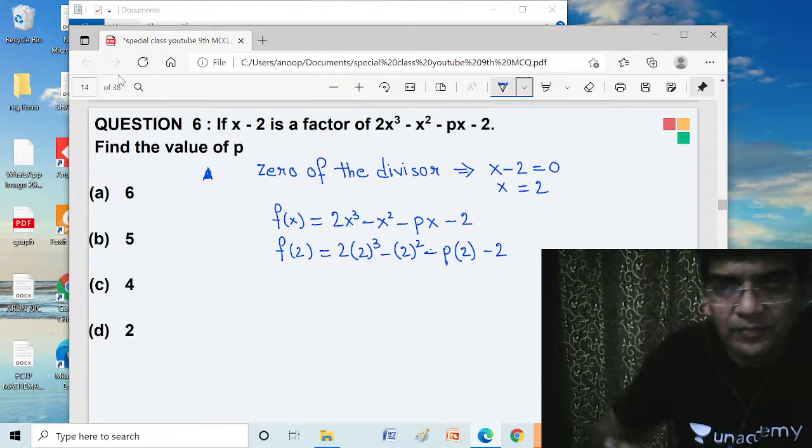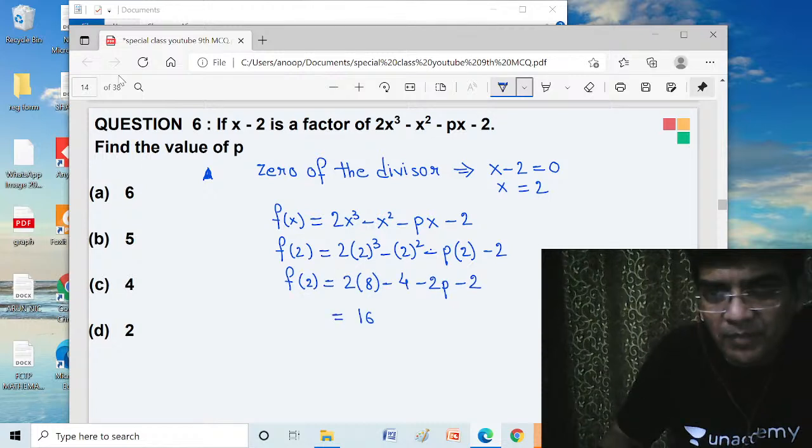This will become 2 into 8, this will become 4, this will become 2p, this will become minus 2. So this will become 16, minus 4 and minus 2 will give you minus 6. So altogether you will get 10 minus 2p. This is the remainder that you are getting.